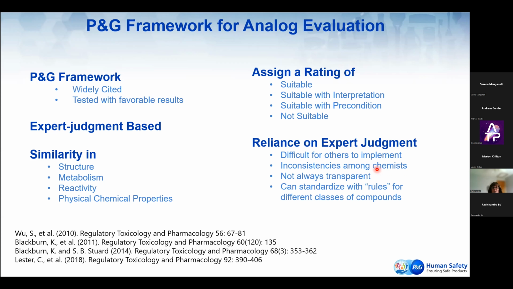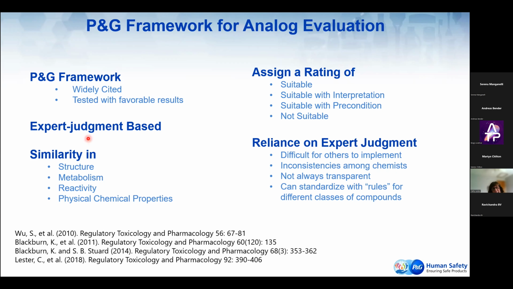The framework is widely cited, and in 2011, they tested the framework against 14 case study chemicals, and the framework tested very favorably against those chemicals that possess toxicological data.